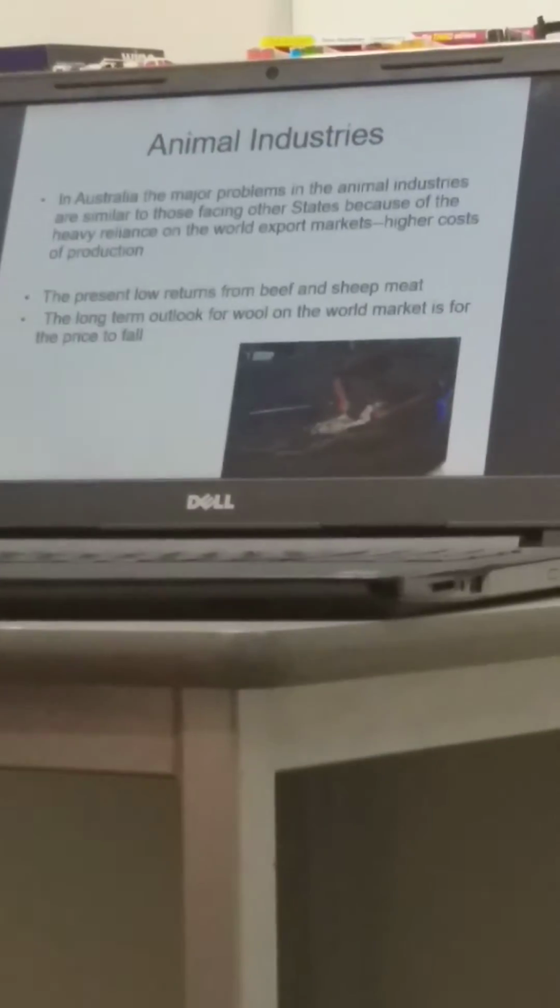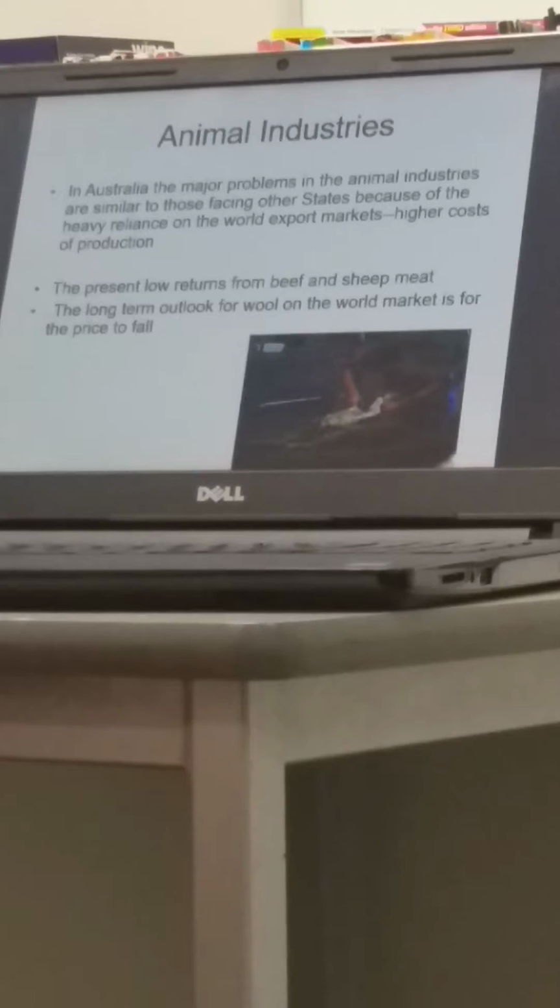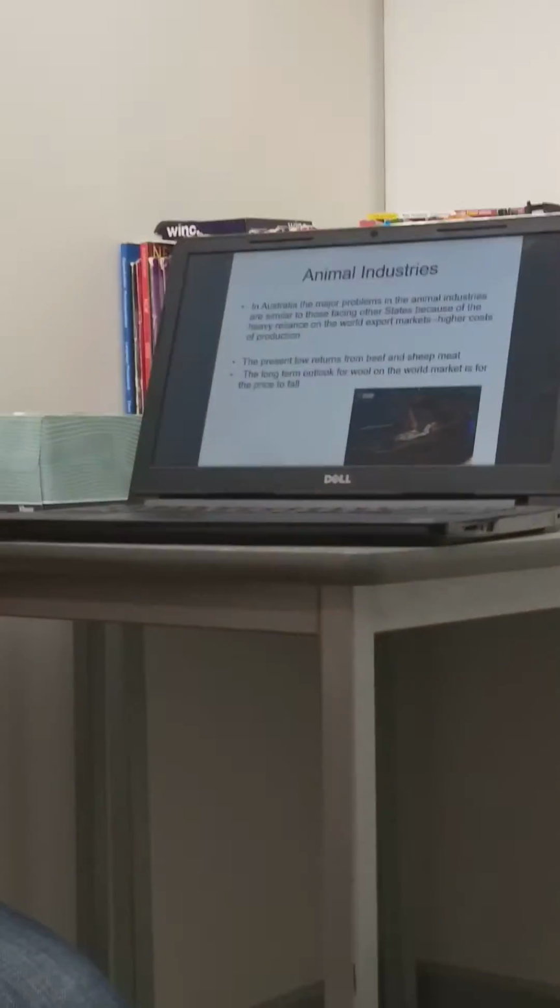The final one is the animal industry. Australia, like other countries that sell on the world market, grows animals, but due to the high cost of production, they waste more money focusing on the animal industry.